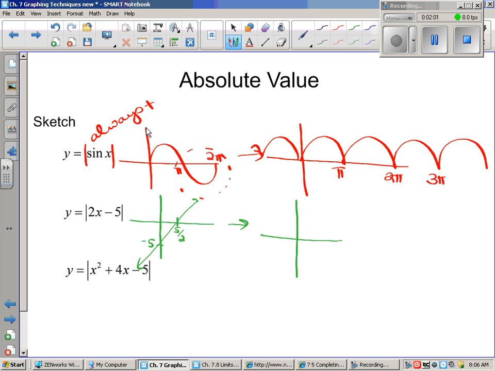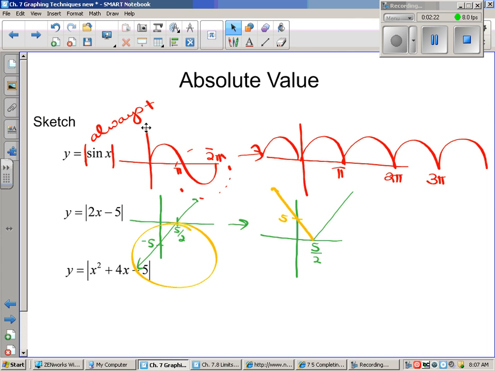So this section here that happens to be below would no longer be there, but instead we would have 5/2. That part stays the same, but this section that was below would bounce up and become positive. So instead of crossing at -5, it would cross at +5.